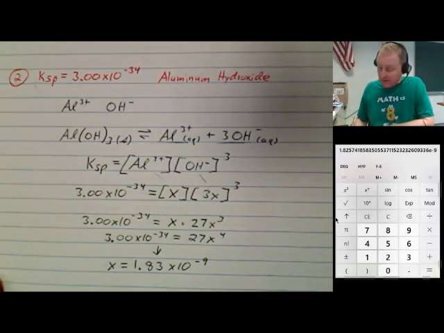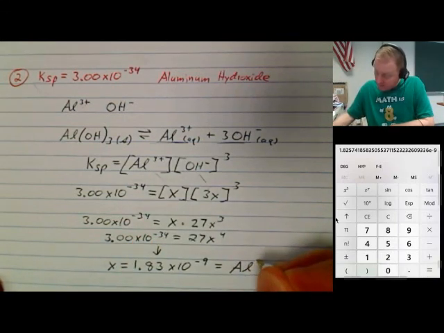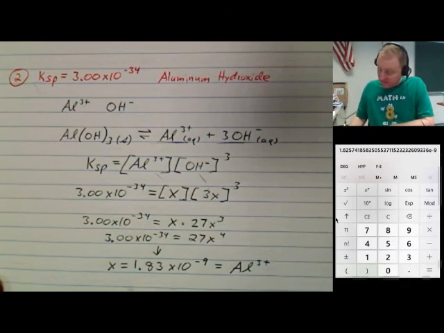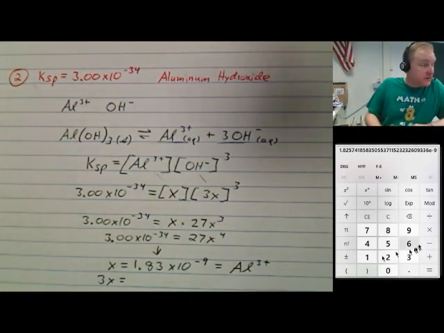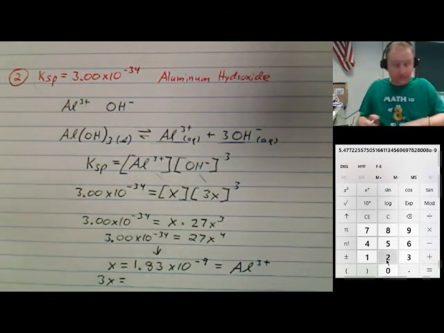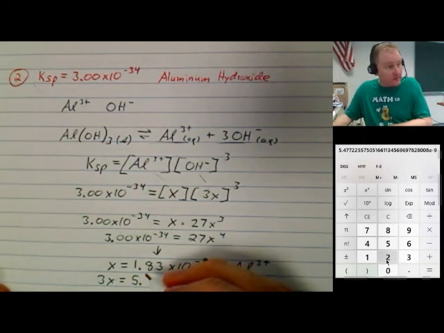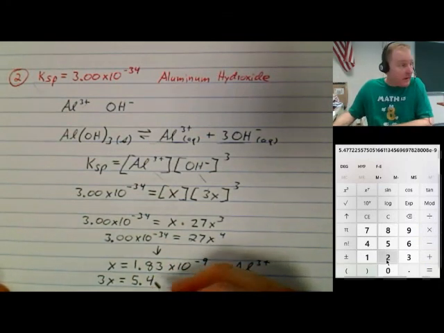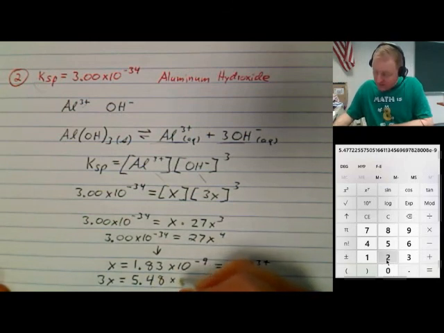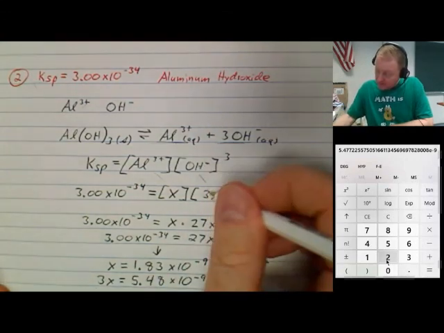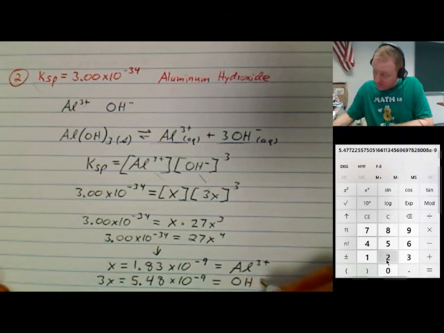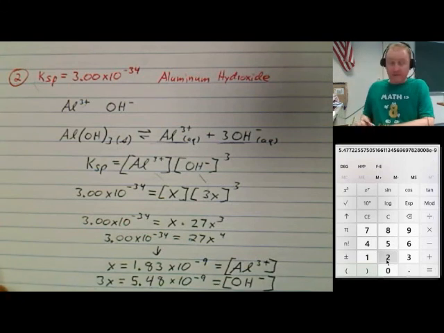That's what my calculator is saying, and x is also the aluminum concentration. But hydroxide is 3x, so let's take this answer and multiply it by 3. That is 5.48 times 10 to the negative 9th. That's 3x, and 3x is the hydroxide concentration. We could put brackets here because that's the molarity of these two.